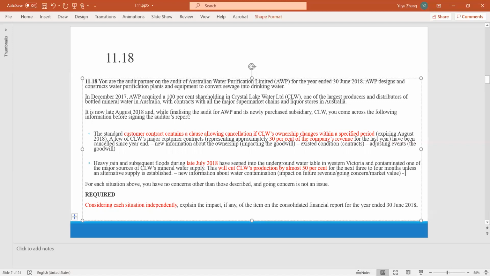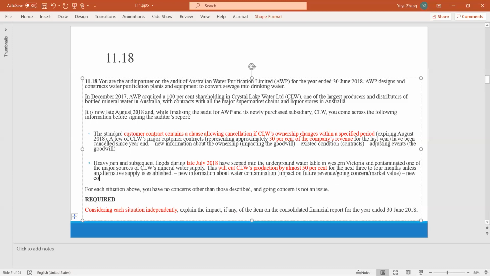So is this new condition or old condition, please? The natural disaster occurred after the balance date. So apparently that's a new condition. So that is non-adjusting, but to be properly disclosed.